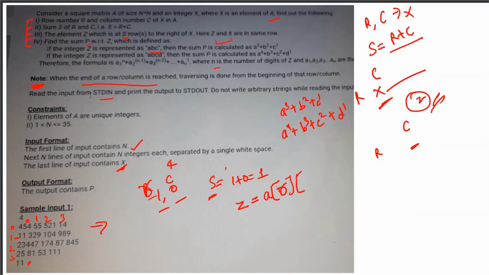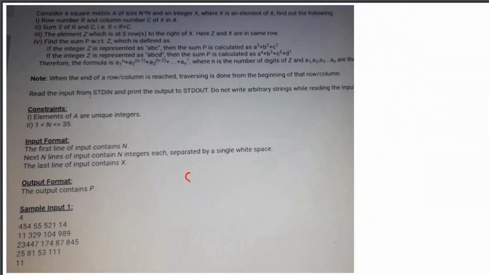So a of r, and the sum we have got is, row was 1 and column was 0, so the sum was 1. That is in the bound, not out of the bound. So for now, z is a of row and column, where the column is going to be this s value that we are getting.